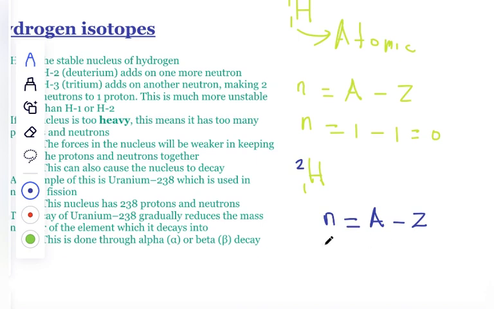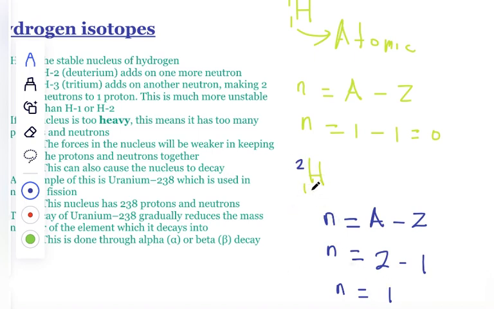So N is equal to the mass number, which is 2, minus 1, and the neutron number becomes 1. For the second isotope of hydrogen, the neutron is 1.